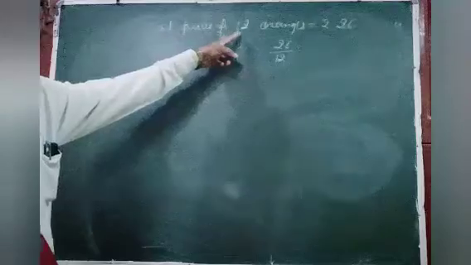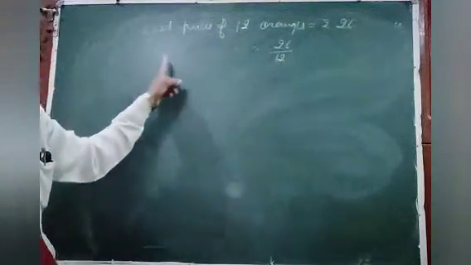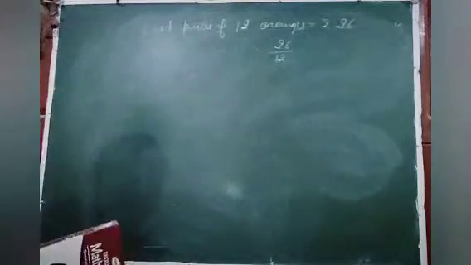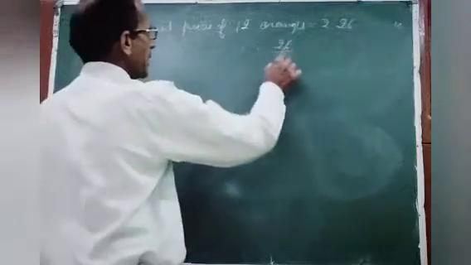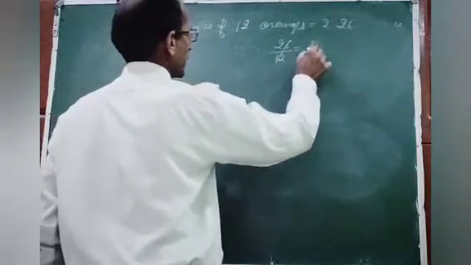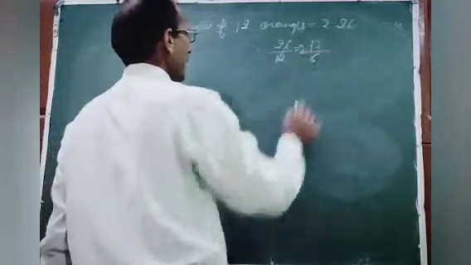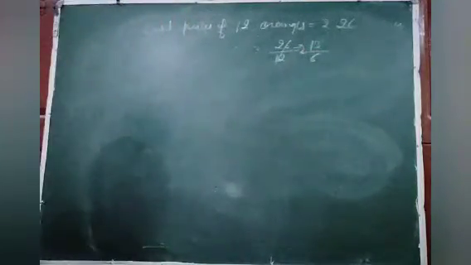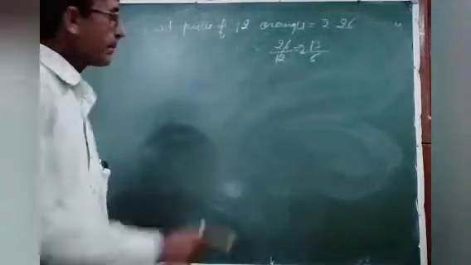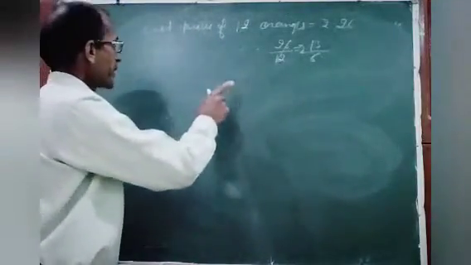Cost price of 12 oranges is rupees 26, so cost price of one orange will be 26 by 12. Reduce it: rupees 13 by 6. So this is the cost price of one orange.